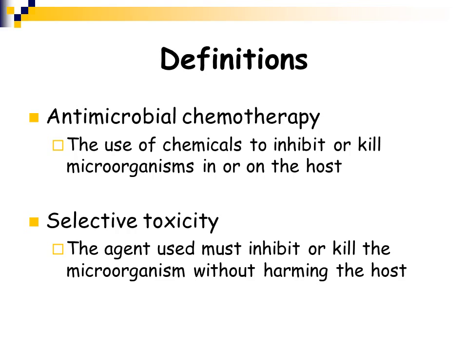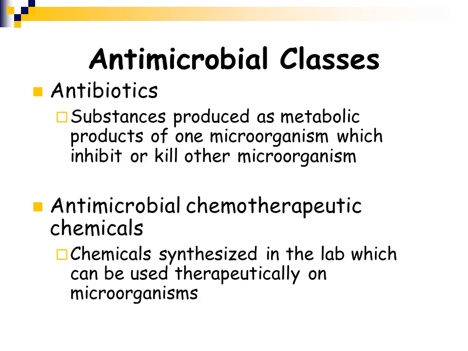However, since you have to put these chemicals inside your body, you don't want them to kill your own cells. You only want them to kill the bacterial cell. So we'll talk about some of the mechanisms that the antibiotics use to target this selective toxicity to target the bacterial cells and not human eukaryotic cells.